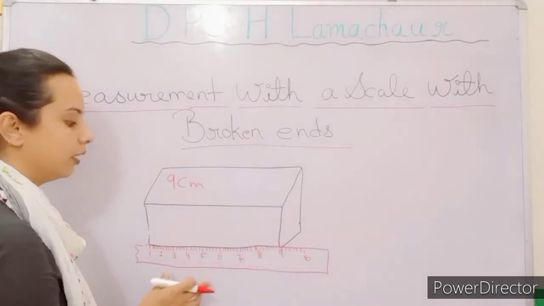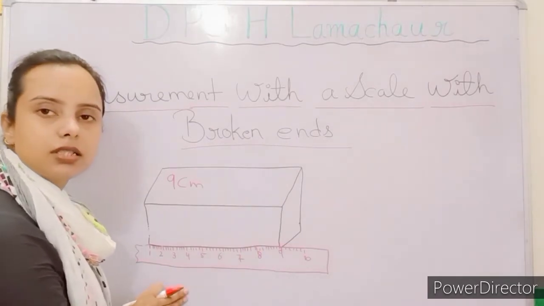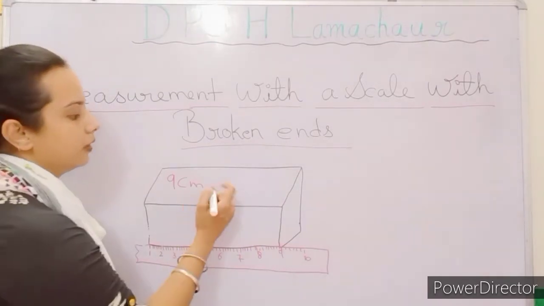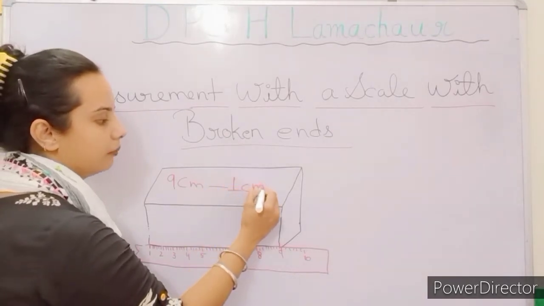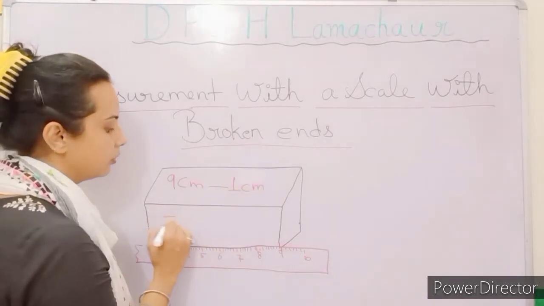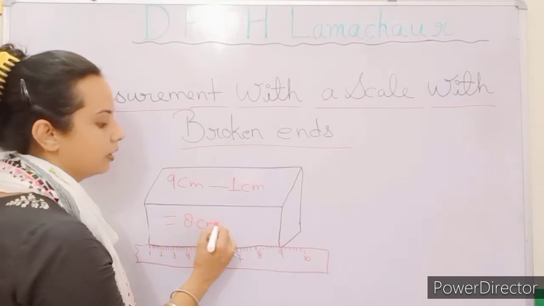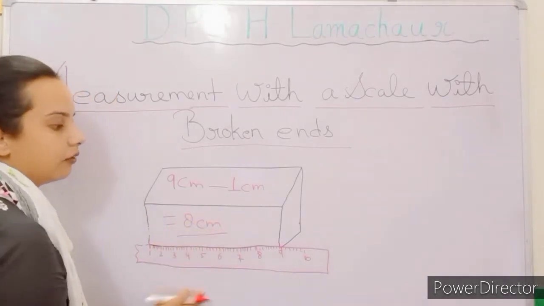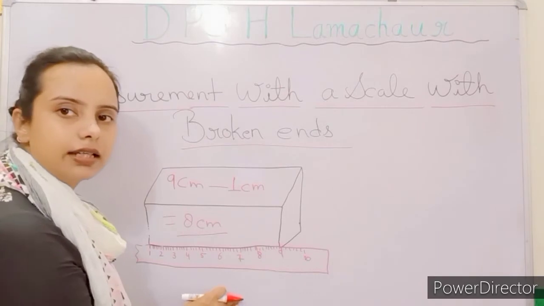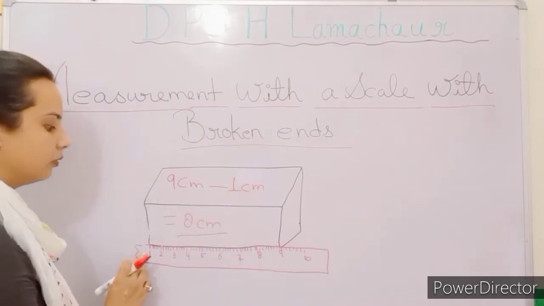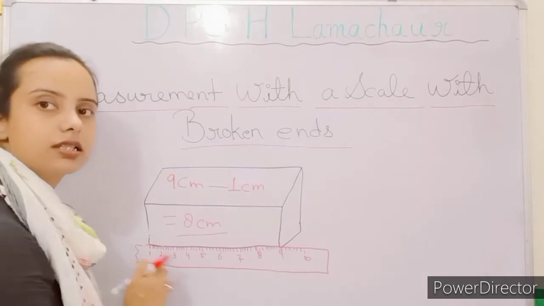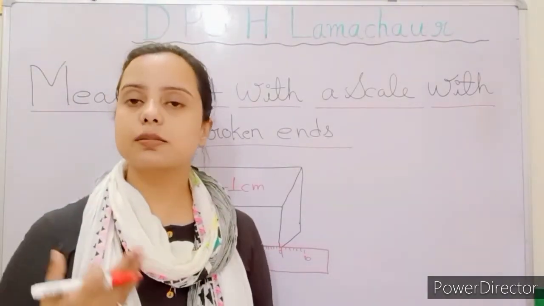So आपको क्या करना है, ये आपका 1 सेंटीमीटर का स्केल टूटा हुआ है, तो you will minus this with 1 centimeter. So how much will you get? You will get 8 centimeter. So the exact length of this box is 8 centimeter. ठीक है, हमने यहाँ पे से 1 सेंटीमीटर इसलिए माइनस किया है क्योंकि हमारा यहाँ से 1 सेंटीमीटर का स्केल टूटा हुआ है, it is broken.